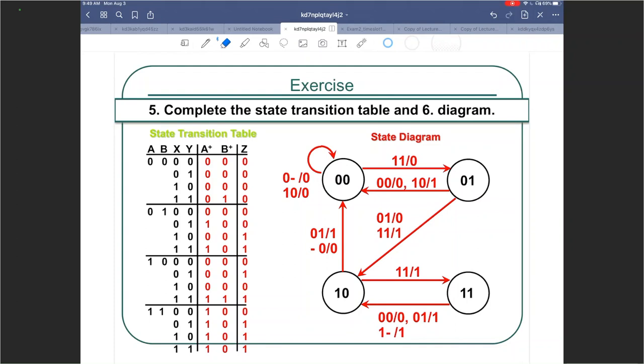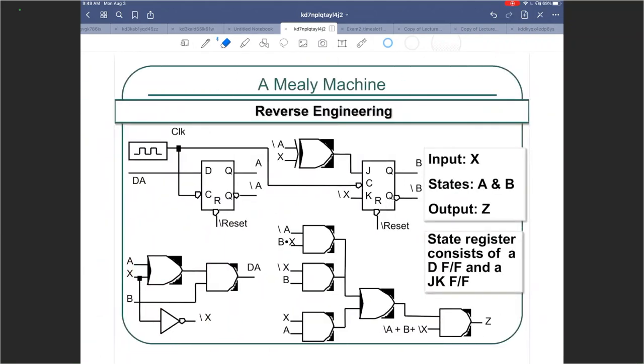All the arrows have inputs and outputs written on the arc because it was a Mealy machine, and it is a Mealy machine because output is dependent on inputs as well as the states A and B. There are some more examples shown on these slides, but I find no use of doing this repeatedly.